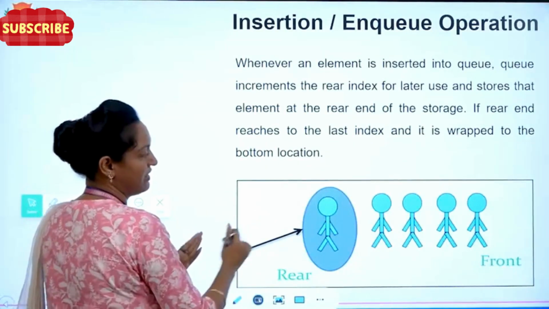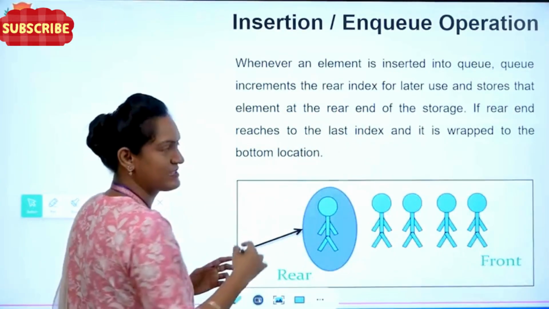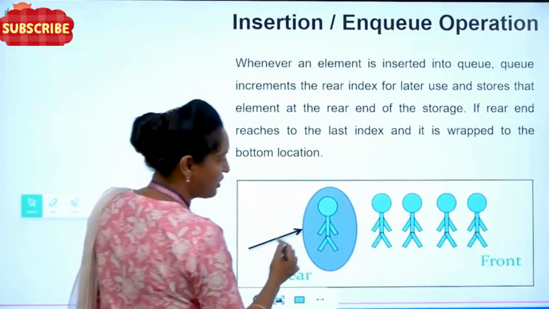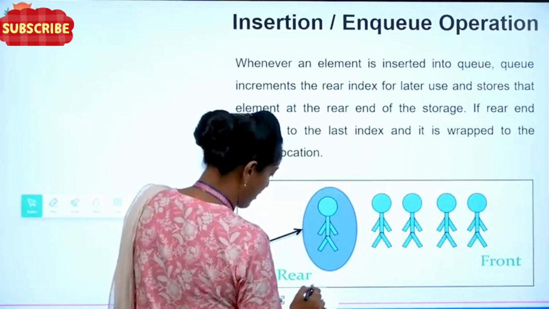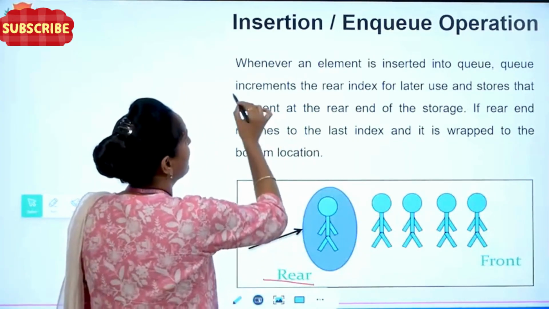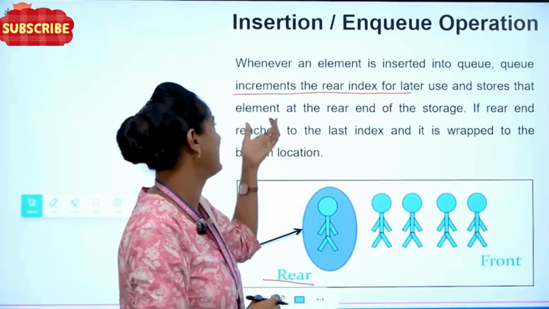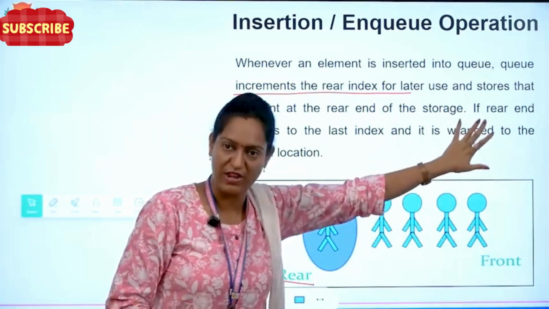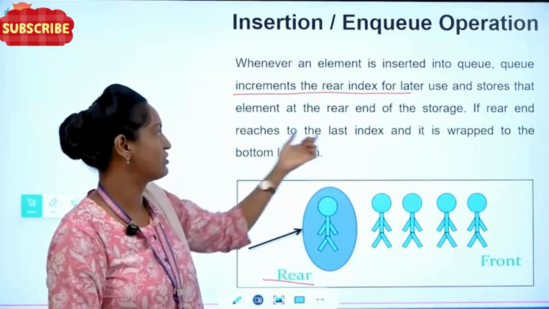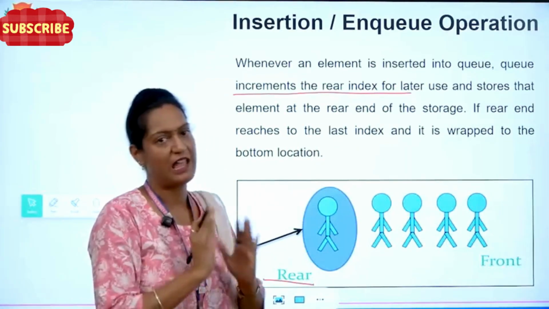So here you can see with the help of the diagram that whenever an element is inserted in the queue, we are inserting from the rear, right? The queue increases the rear index and stores that element at the rear end of the storage. If rear reaches the last index, then we cannot insert another element to it.